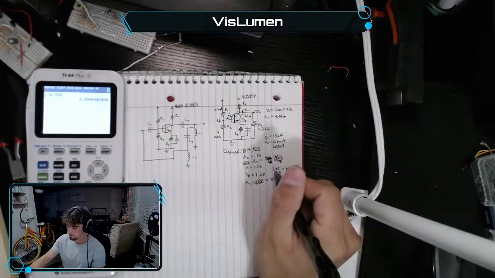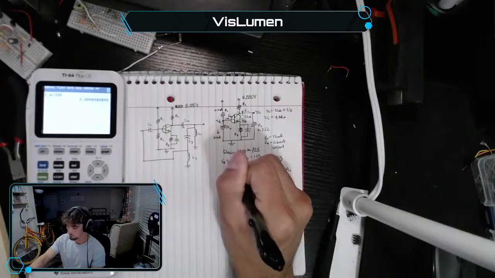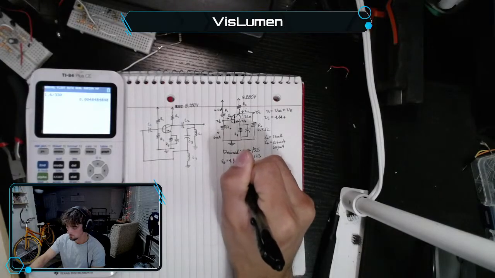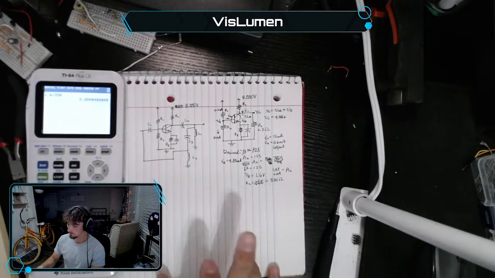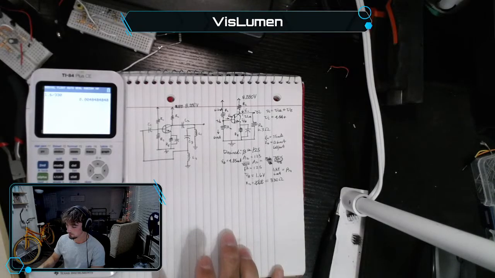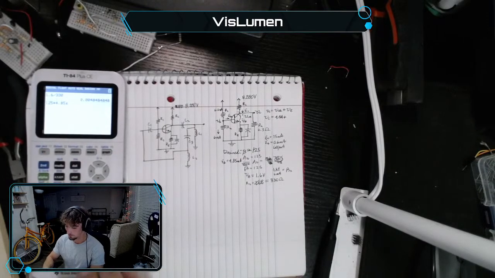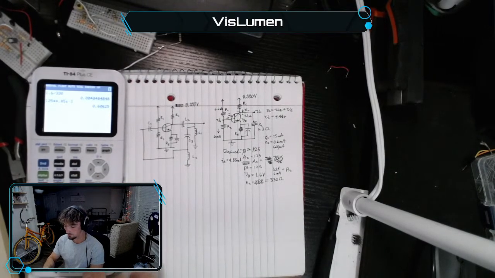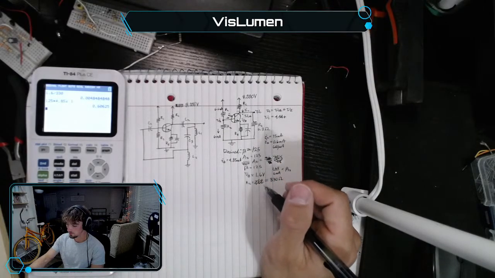Okay, so we're gonna make IB equal to 4.85 milliamps, and then 125 times 4.85 milliamps e to the negative 3 is 606 milliamps.